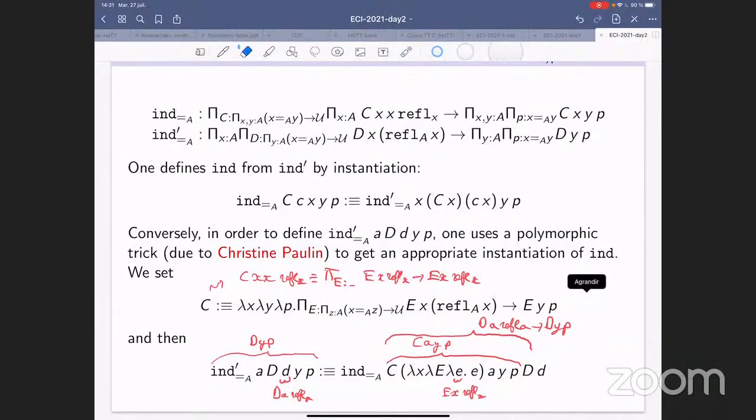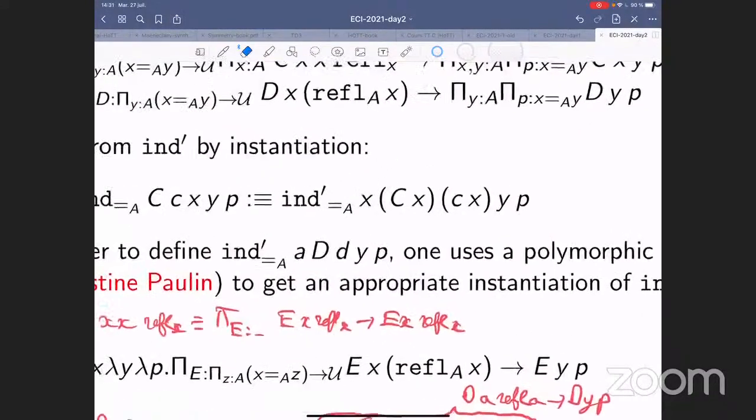So first of all, suppose that we take J prime. We want to show that J is derivable. So here is the definition.